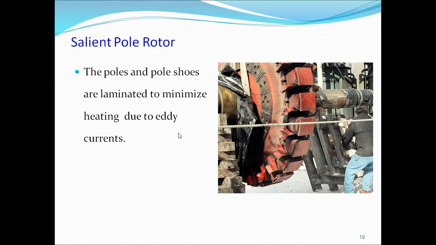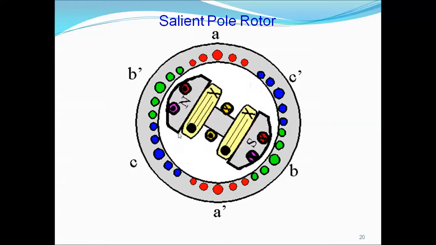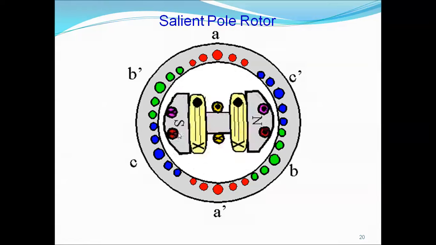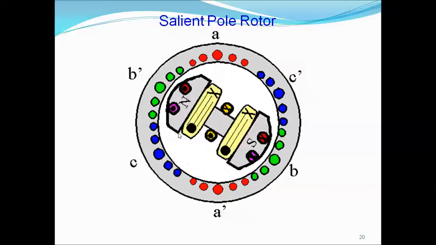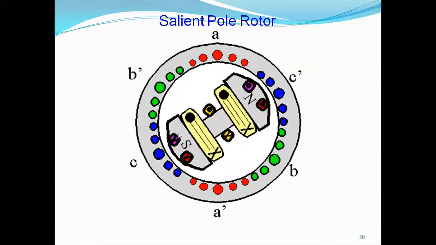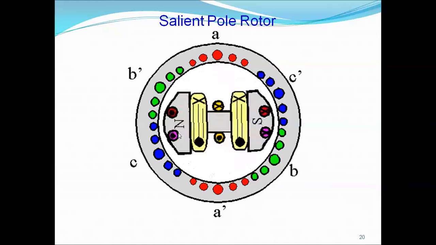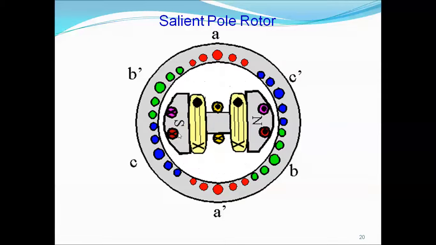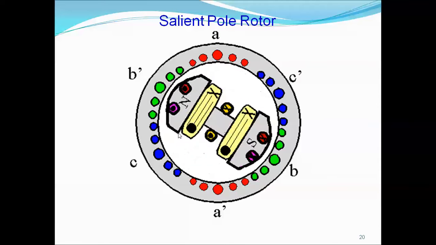In the last class also we covered why we do the lamination: to minimize the eddy current losses. See here how the salient pole rotates. It is used in low and medium speed alternators, and the poles are made with steel laminations.